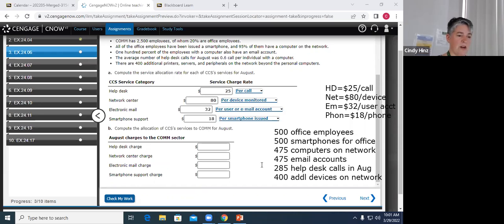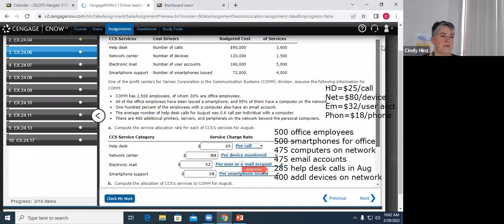We start with the help desk charge, and we can see right here, we had 285 help desk calls in August. And help desk is allocated at $25 per call. Sorry, 285 calls at $25 each would be an allocation of $7,125 for help desk services.